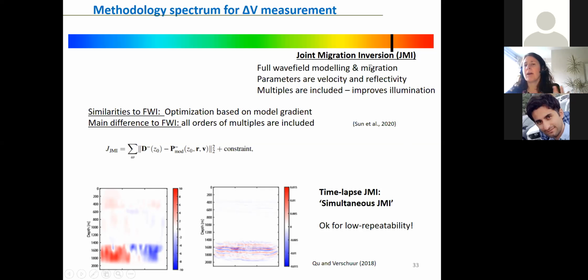And of course, there are quite a few similarities to FWI. If you are more familiar with inversion procedures, you have an optimization based on your model gradients. But then the main difference to FWI is that you're including multiples.